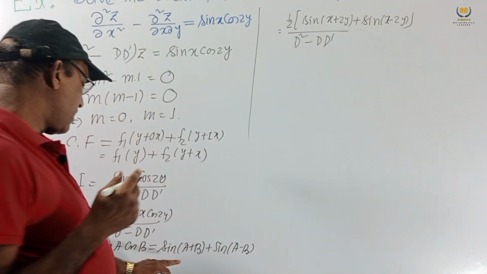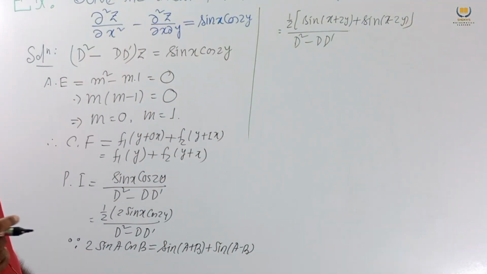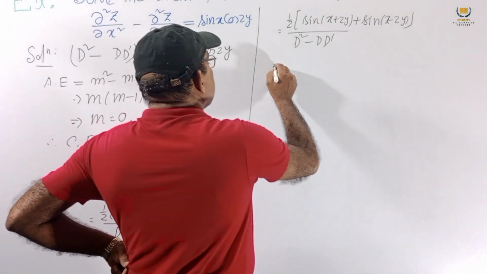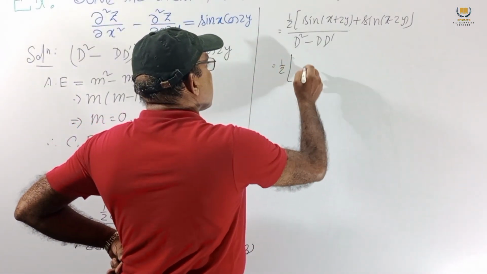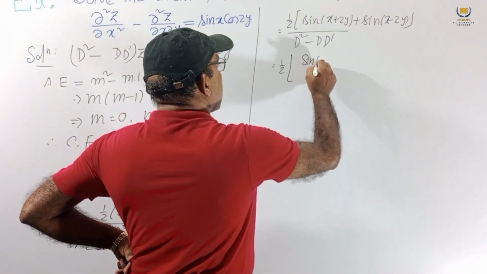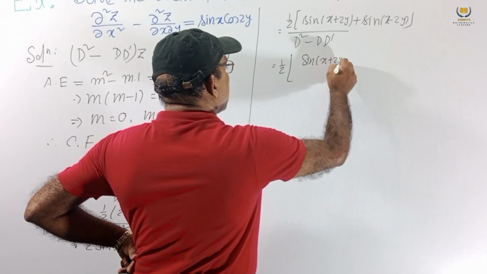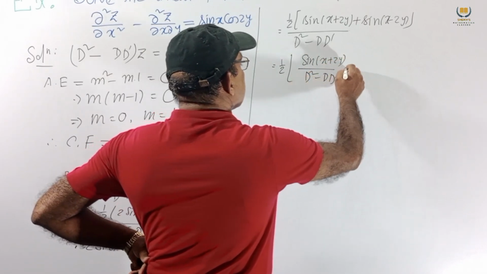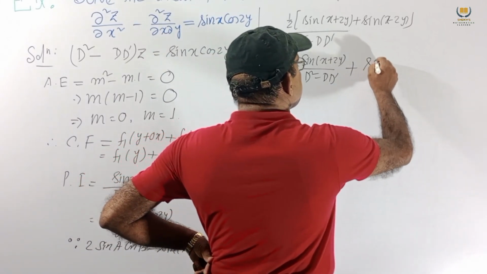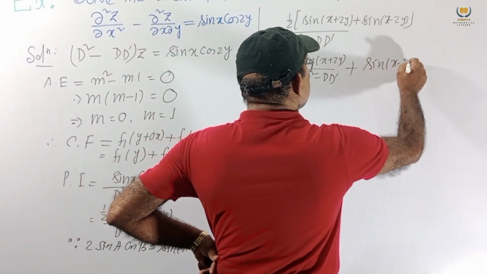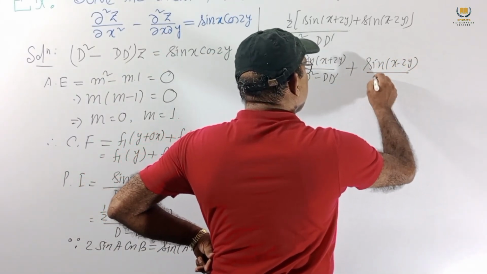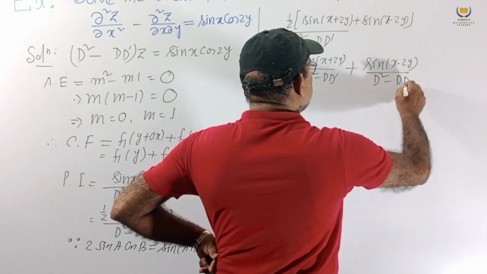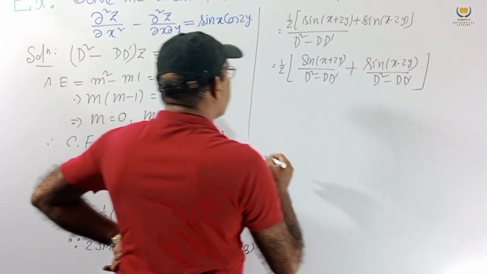Just using this formula, a plus b and a minus b, we get this. Now we separate this; half is common. We separate this as sin(x plus 2y) over D squared minus D dash plus sin(x minus 2y) over D squared minus D dash. We get this.